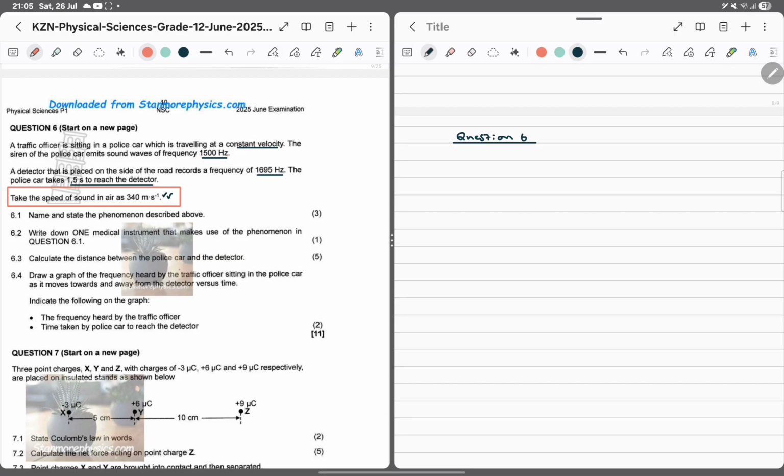I think 1.7 was the question on the Doppler effect. Anyway, sometimes you can play with this. Guys, you've got the answers within the paper. There's no excuse for failing. If you fail, it's because you choose to.